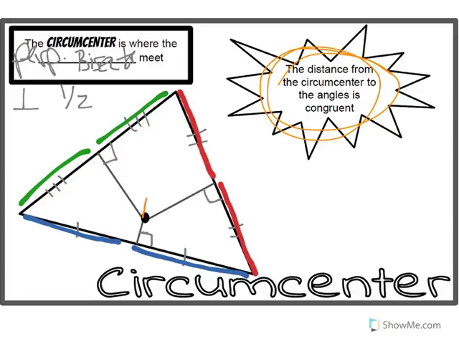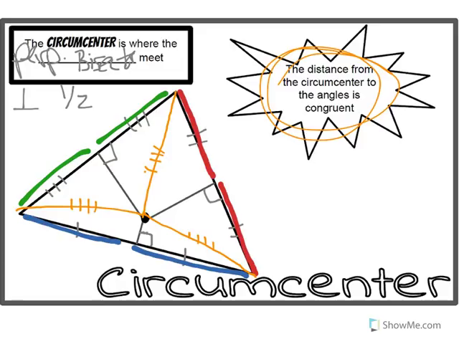So from the circumcenter to the angle, circumcenter to the angle, circumcenter to the angle, all three of those are congruent. So that gives us which line segments are congruent based on the circumcenter.